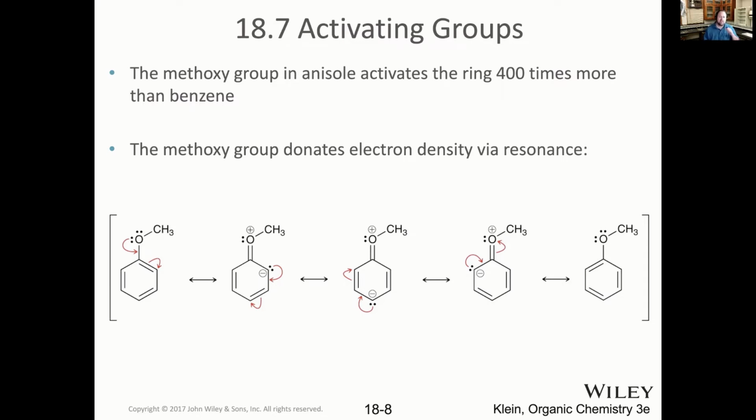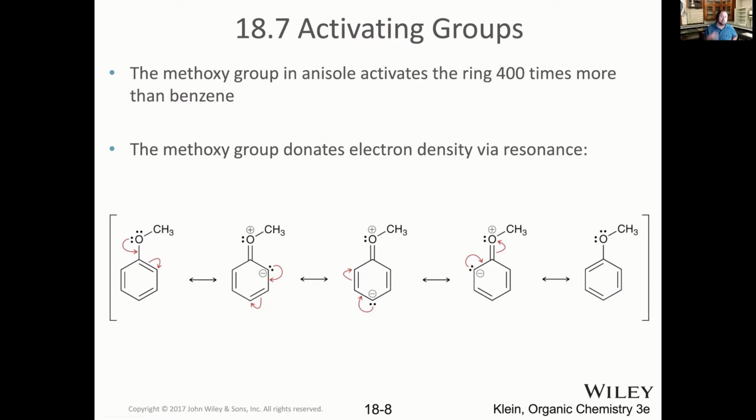The reason for that is it is, once again, an electron donating group, and in this case it donates via resonance. Even before the sigma complex, you can see via resonance that the ortho and para positions have a buildup of negative lone pair charge in their resonance forms: ortho, para, ortho throughout the resonance, as we see here.